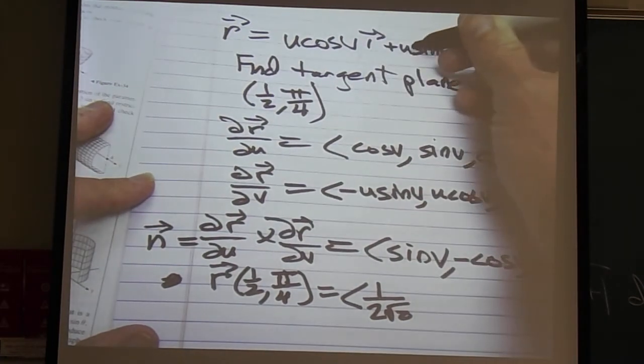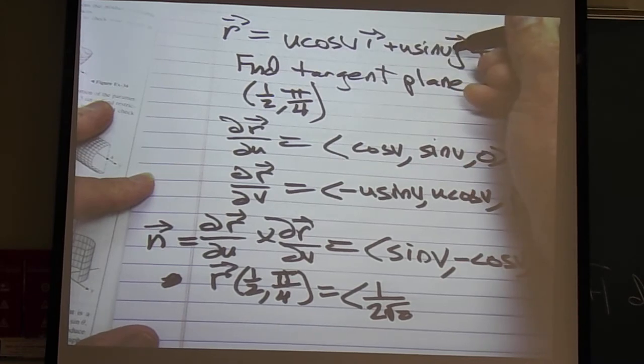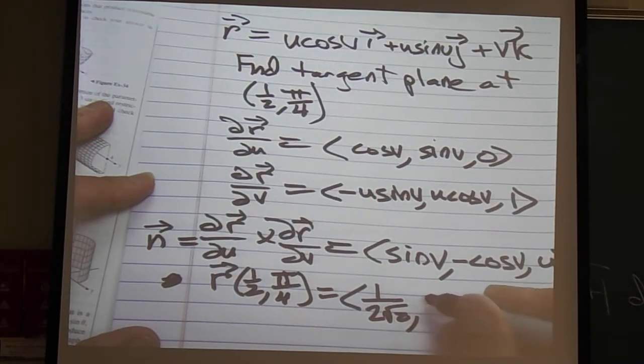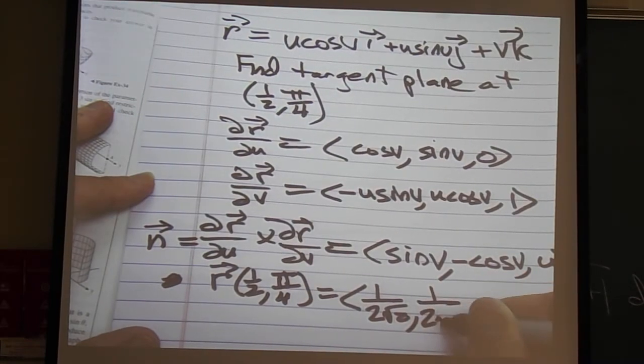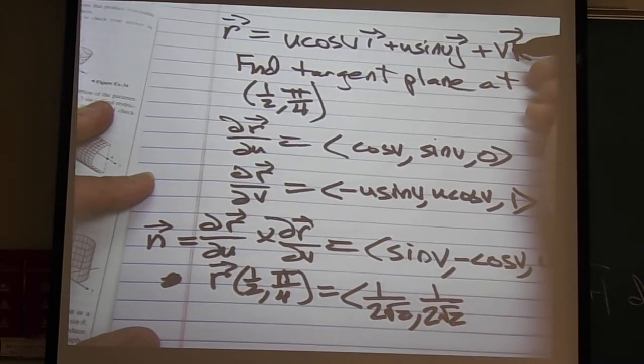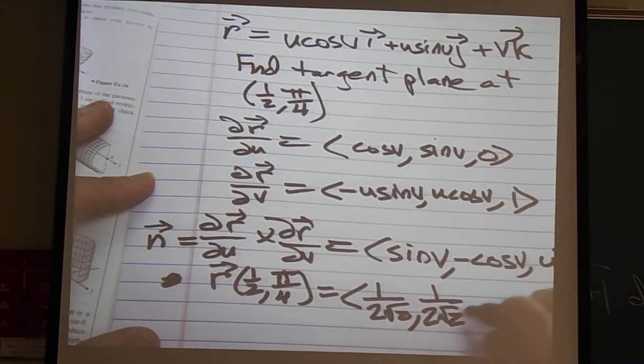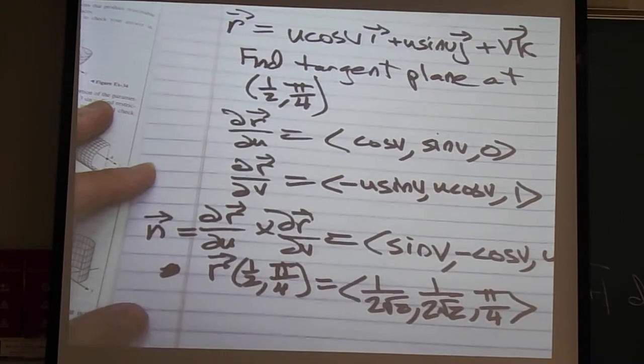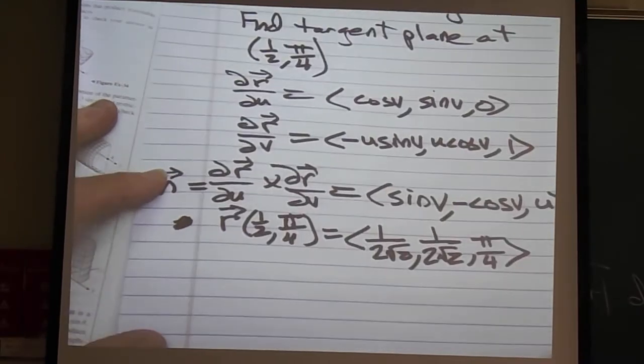Similarly, 1/2 times sine pi over 4 is 1 over 2 square root 2 also. And then v equals pi over 4. This is the vector to the point on the surface.